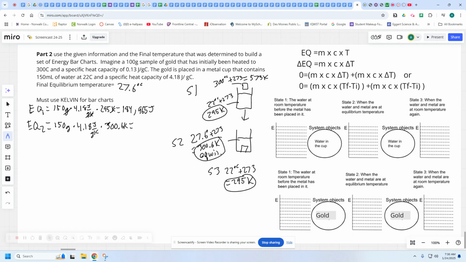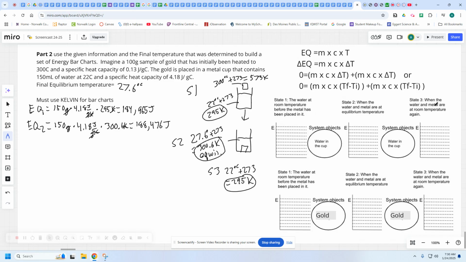If you carefully multiply across and cancel your units, the grams and the Kelvin, you should end up with 188,476.2 joules, but I'm just going to round to the 6 and leave it at that. So that was pretty straightforward for it warming up.